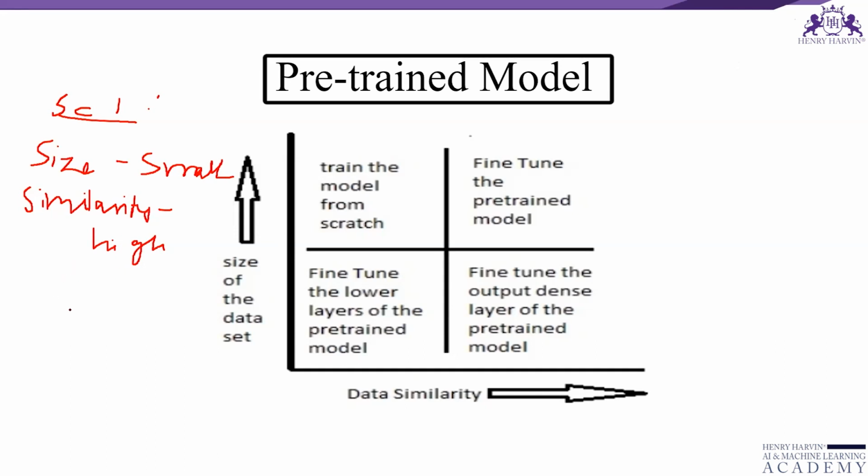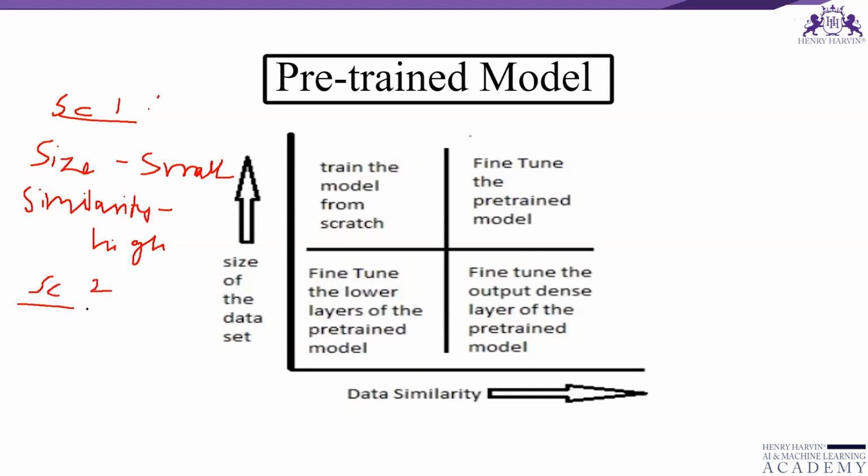So here the images we need to identify would be similar to ImageNet. Then we just need two categories as the output, because it could be cat or dog. So in this case, we just modify the output layer to two categories, because ImageNet has 1,000, right?